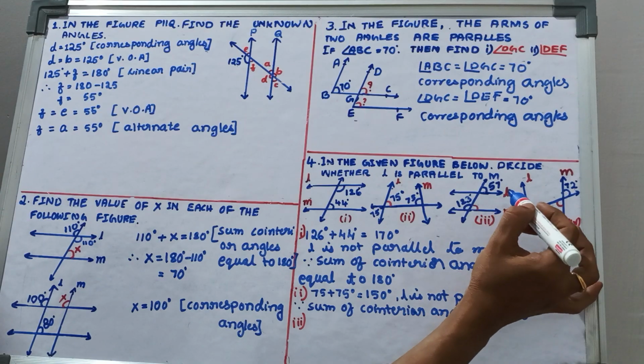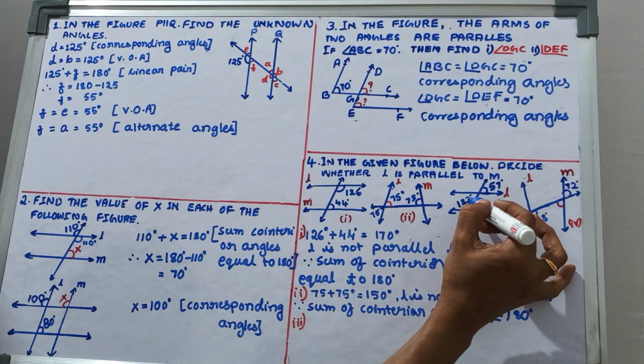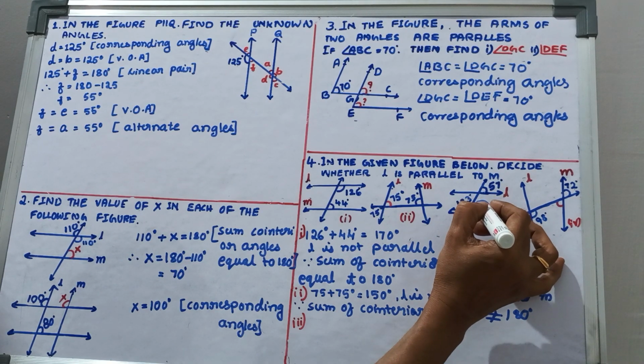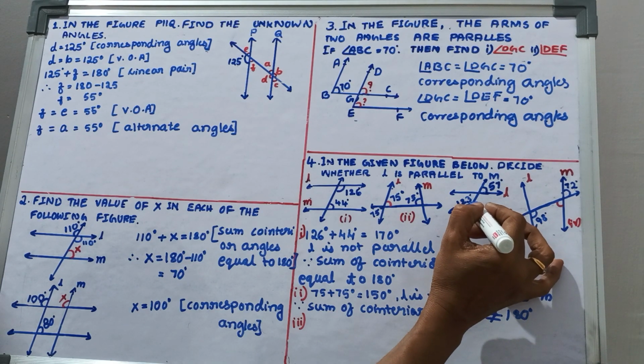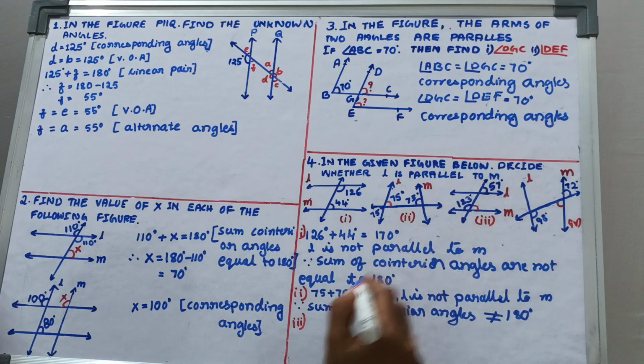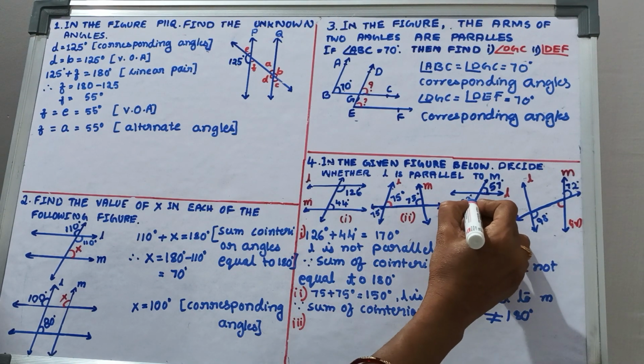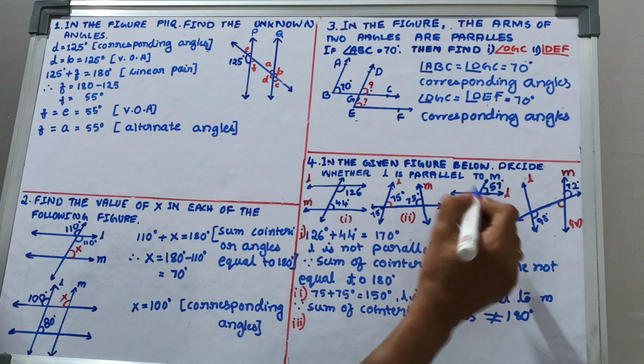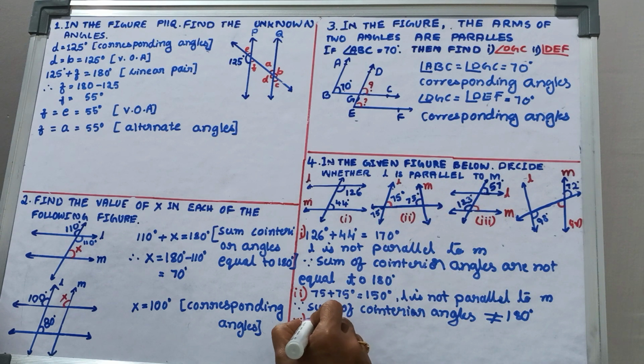Yeah, this is 123 degree and find out this angle. They are linear pair. Sum of the angles should be 180 degree. What is meant by linear pair? These angles should be supplementary as well as adjacent angle.